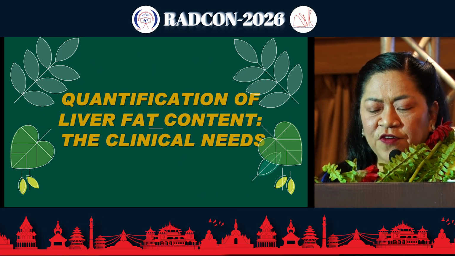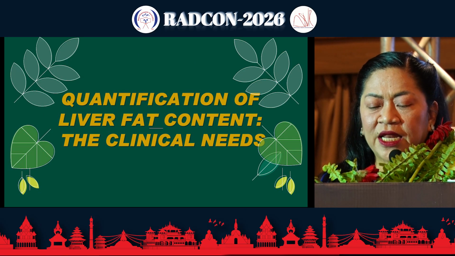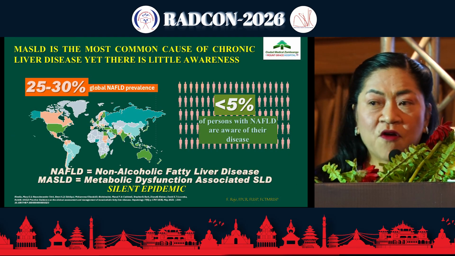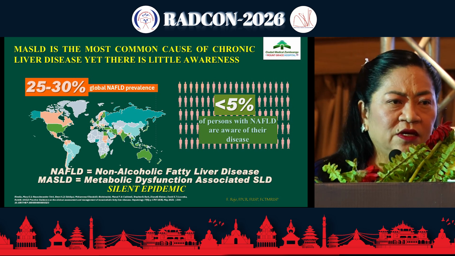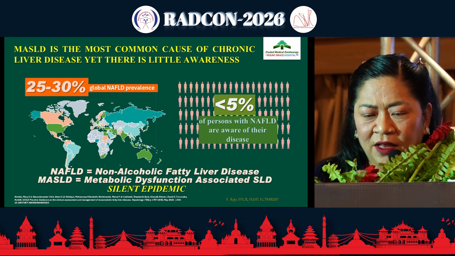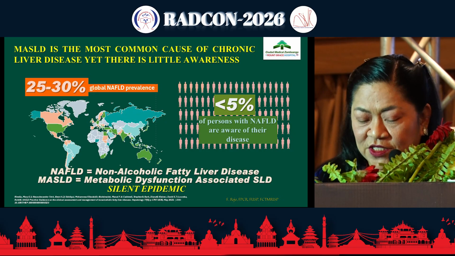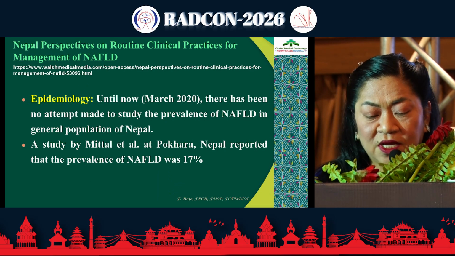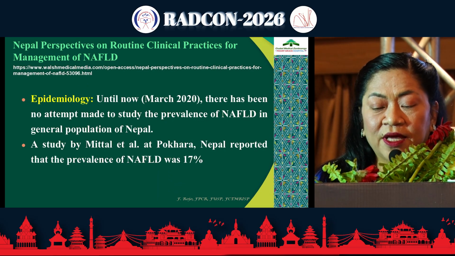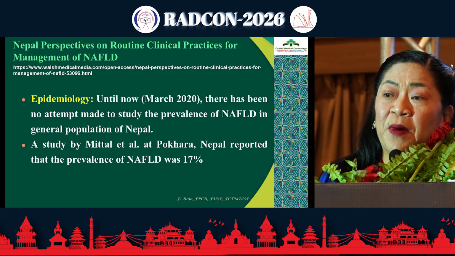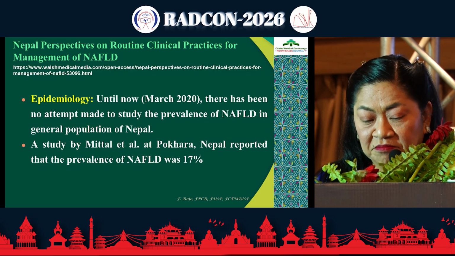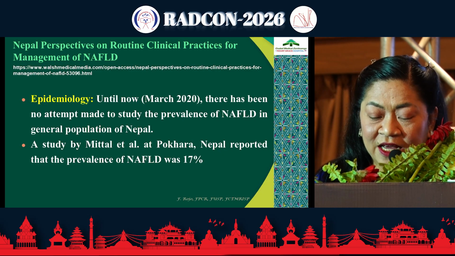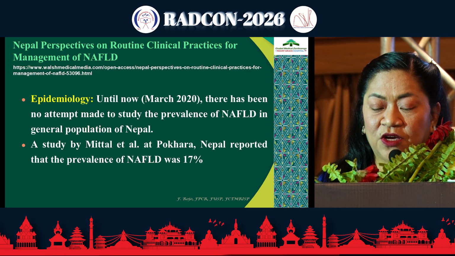Okay, so quantification, why do we need it? They say around the world it's 25 to 30%. But I was looking through some Nepal data, and I'm not sure about this, but it was in 2020, I think. They said that Nepal has a lower fatty liver incidence, about 17 percent.